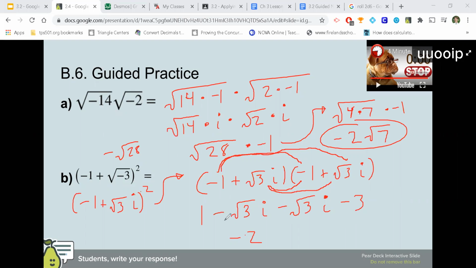And minus the square root of 3i minus another square root of 3i means I have -2 square roots of 3i. Where did the 2 come from? Think of it like this: I've got -1 minus 1, and -1 minus 1 gives us -2.